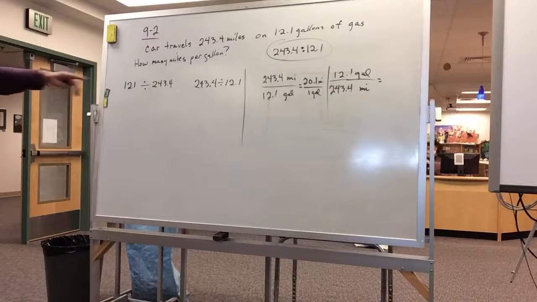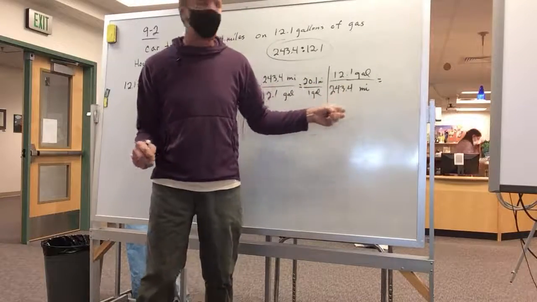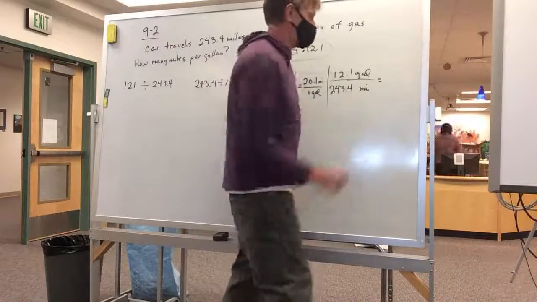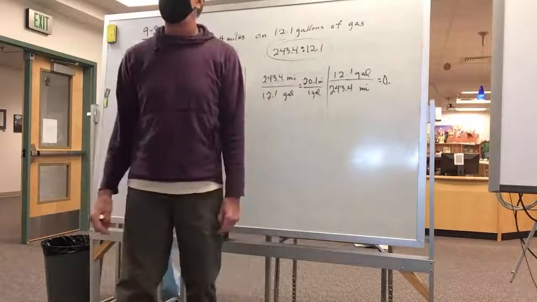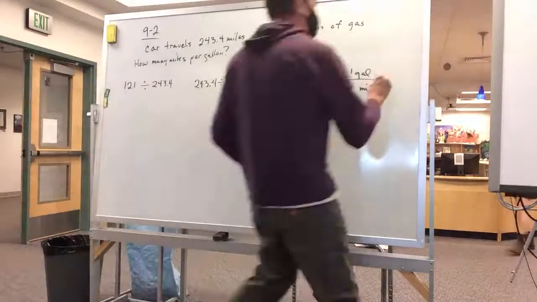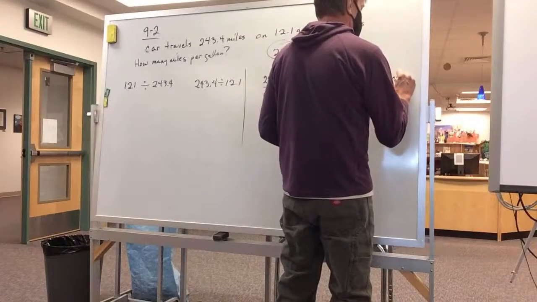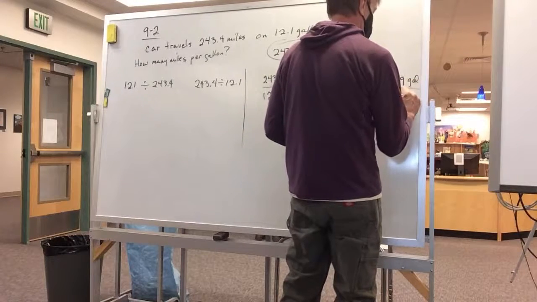So let's go to the second one. What's 12.1 divided by 243.4? Now, all these calculators, you need to help me. I don't have this in my head. 0.049. Yeah, that's fine. Gallons per mile.